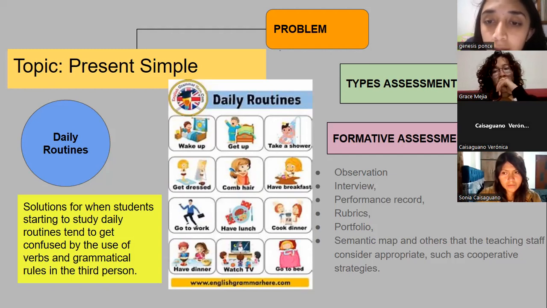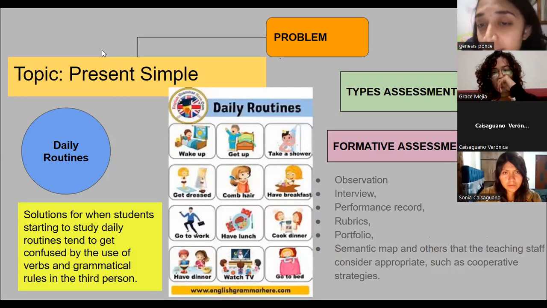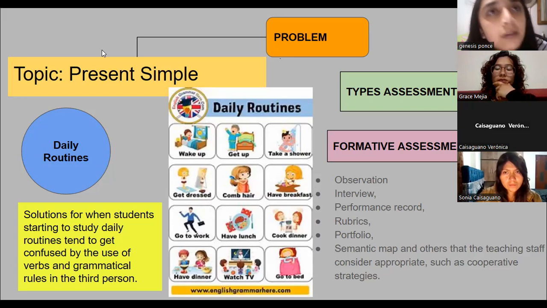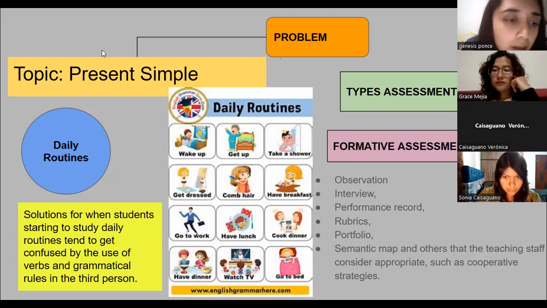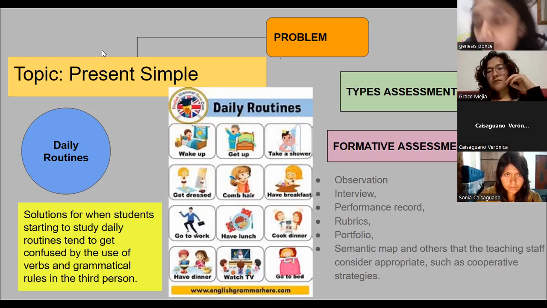It's important because it permits observation, teaching with maps, semantic maps, visual cards, visual interaction with the students, working with portfolios, interviews, and it's appropriate because it permits cooperative strategies. It's for me. It's for my criteria.